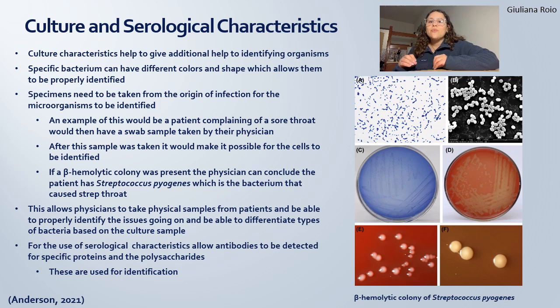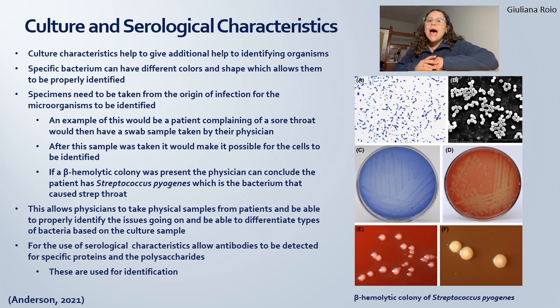Specimens need to be taken from the origin of infection for the microorganism to be identified. And I do have an example for this. If a patient has a sore throat, we'll go in and swab their throat. After that swab is taken, it's going to get sampled and tested in the lab.